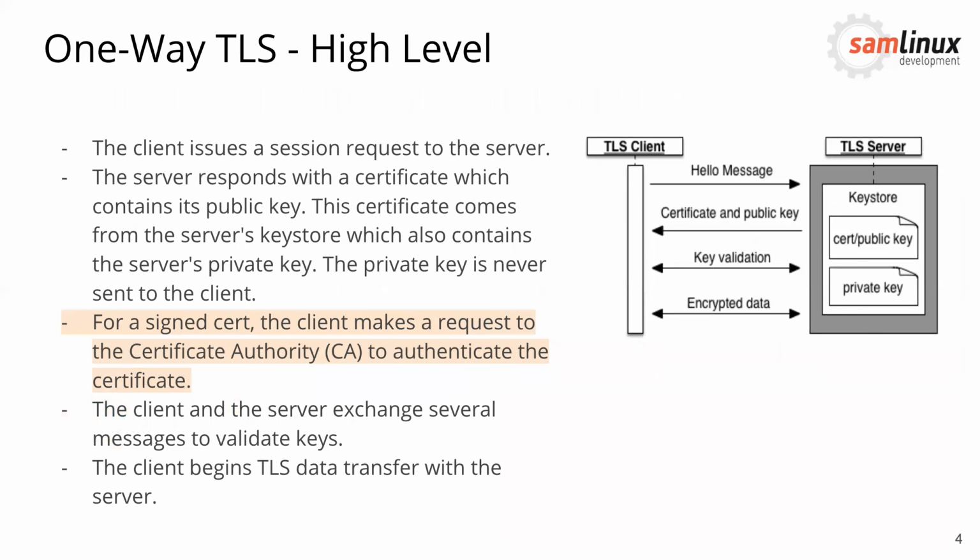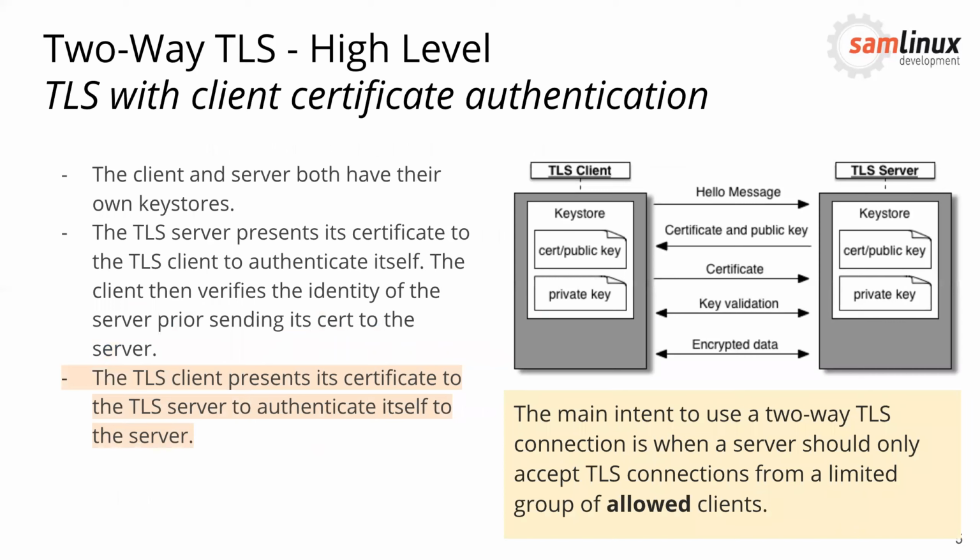So when you compare it, the client has no key store in the first version, and the client can only check that the server is a valid server, and I trust this server. But the server cannot verify that the client is someone who belongs to this server or to the system, or check who that client is. And that could be done with the two-way TLS.